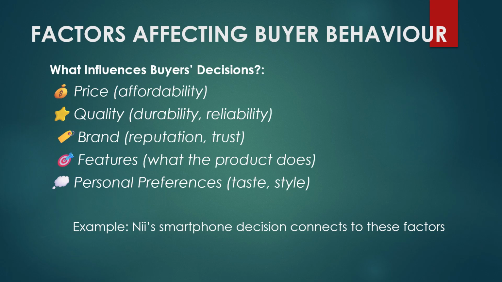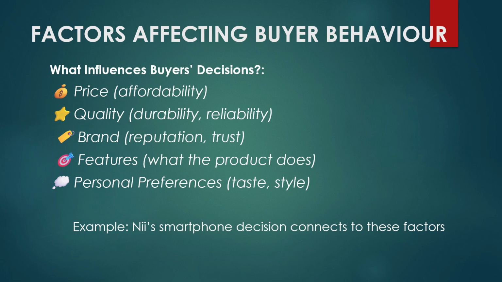Fourth, we look at features, what the product does. Buyers consider what the product can do. He compares the cameras, the storage, and processors of different phones because these features matter to him.